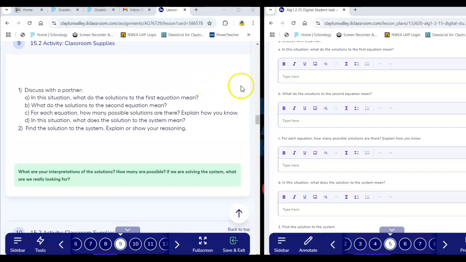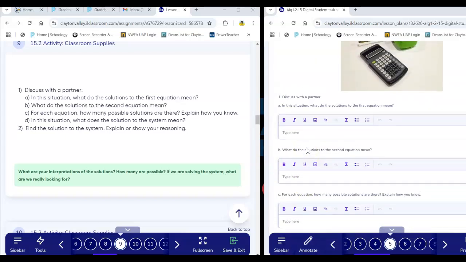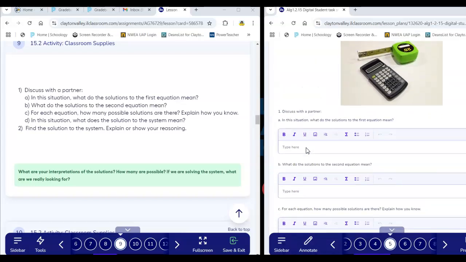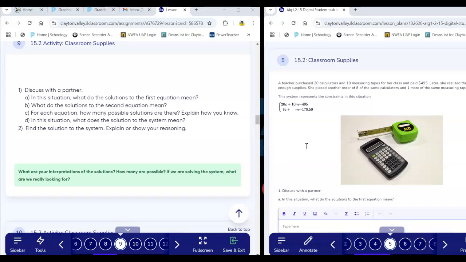So here are the questions. Hopefully you paused the video and did try to answer the questions. So let's talk about this. What do the solutions to the first equation mean?